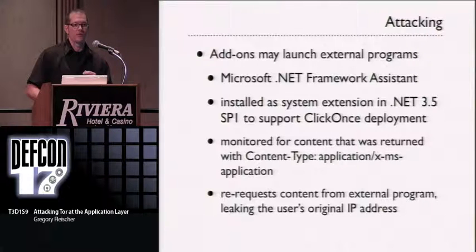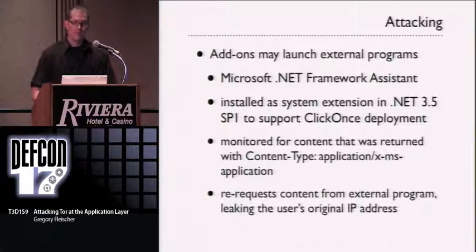And this Presentation Host then re-requests your original requesting URL using this external program. And it does this all automatically. There's an option that says, ask me before I launch this, but they have it set to true. And there was an older Firefox extension called FF-Click Once, I believe. It had the same behavior, the same kind of properties, but its default was ask me before you launch this external network program. So, it's kind of some questionable stuff there.